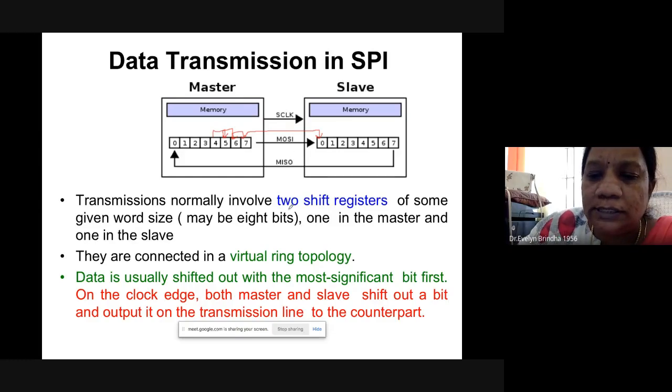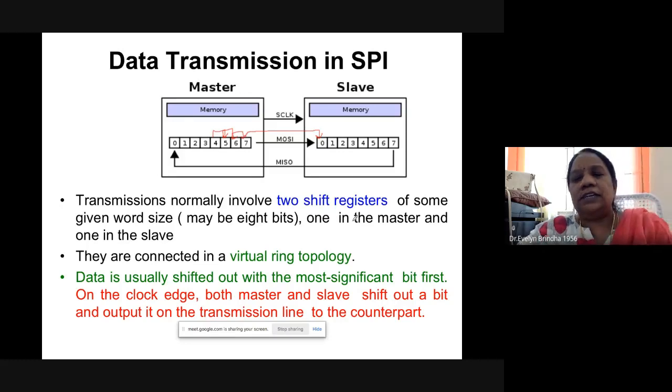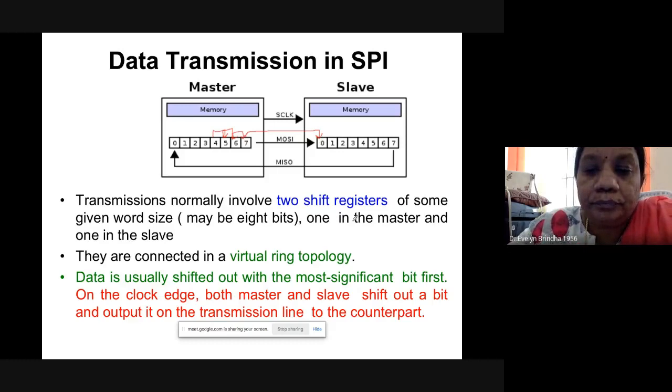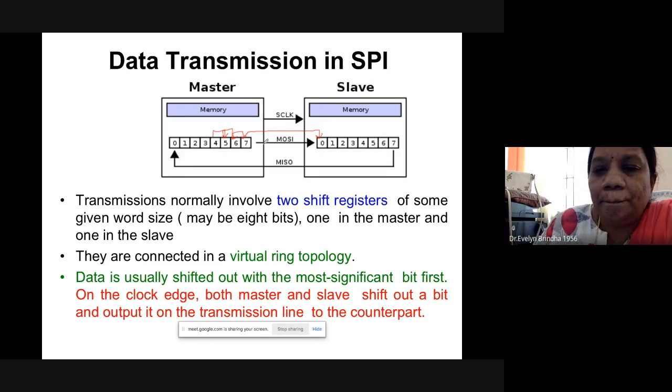These two registers are called shift registers. In the 8051, the shift register capacity is 8-bit. In higher processors and controllers, the shift register size may vary. In the 8051, it's only 8-bit. Got it? That is why the 7th bit, is it MSB or LSB?